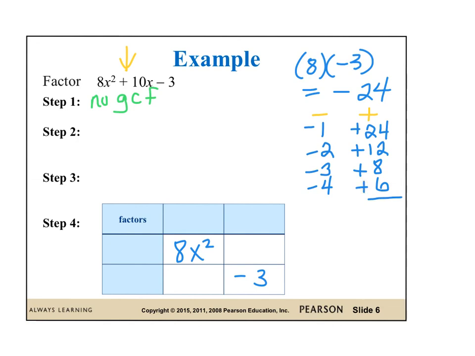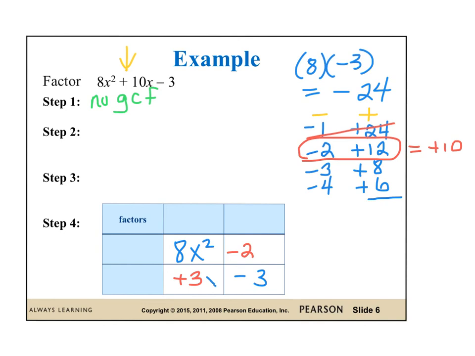And 24 minus 1 is 23, so we know that's not it. 12 minus 2 is positive 10, and so we immediately know what two factors we need to use, because this gives us positive 10. And so we have negative 2 and positive 3.